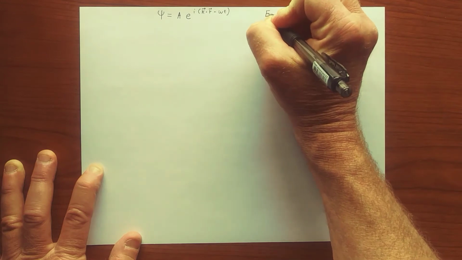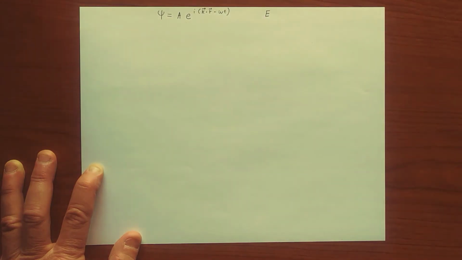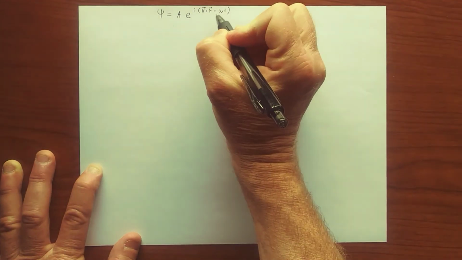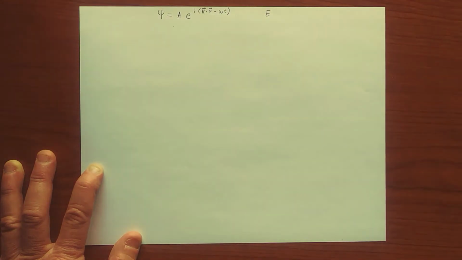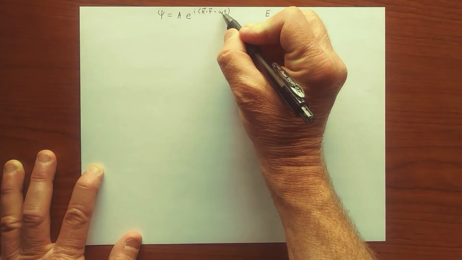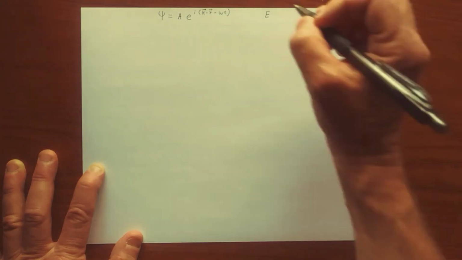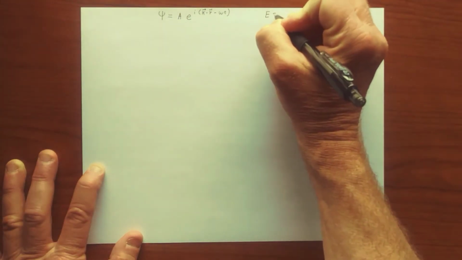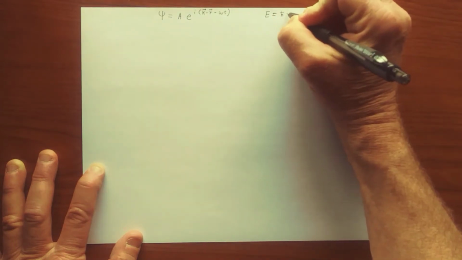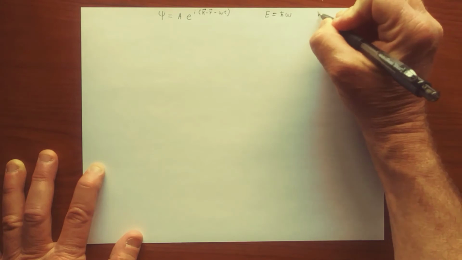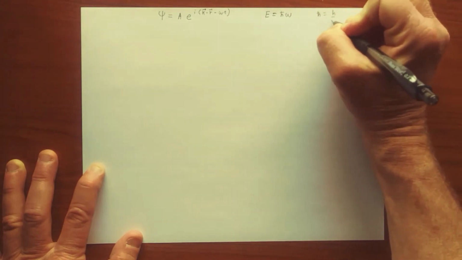So let me just point out that we showed that the particle has wave-like properties that appear here, which can be written in terms of particle-like properties. In particular, the angular frequency can be written in terms of the energy, which is h bar times omega, where h bar is h over 2 pi.